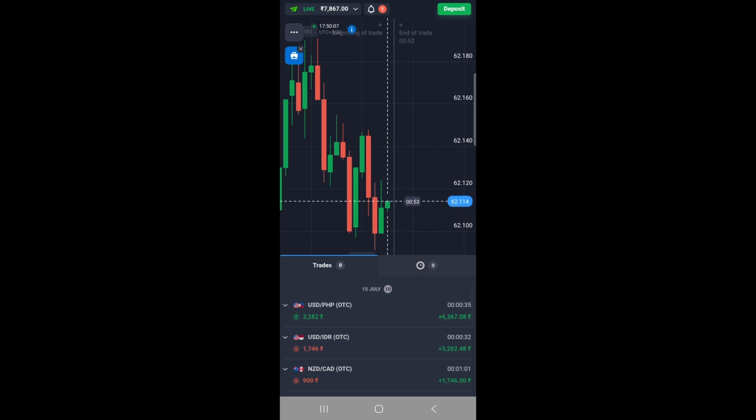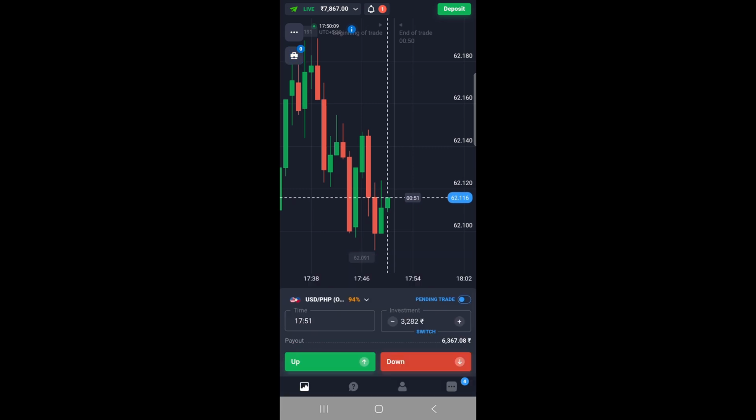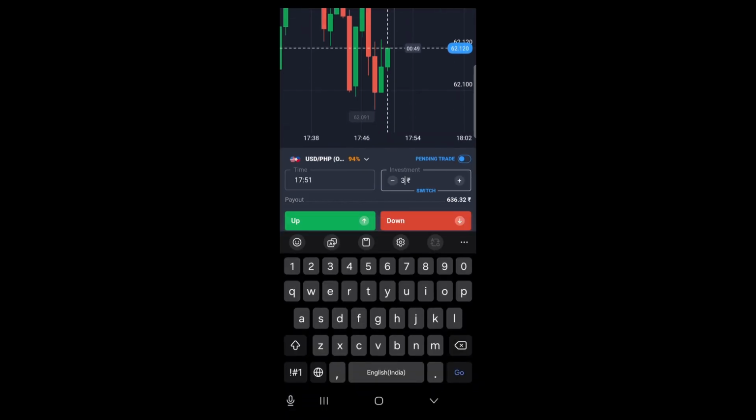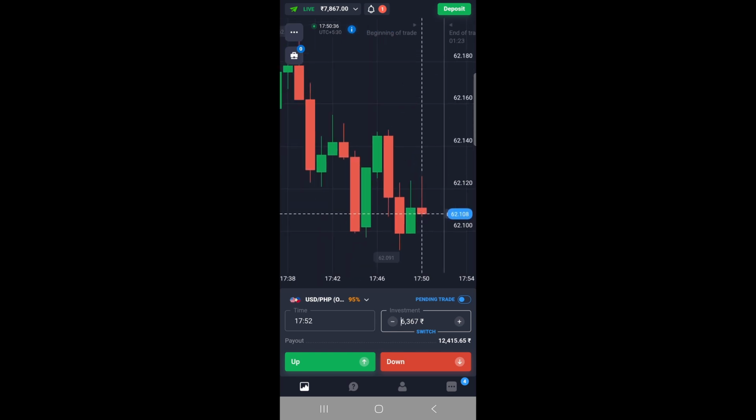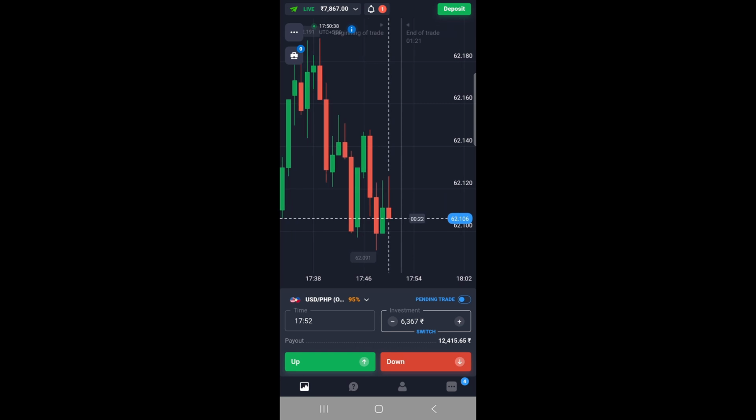So now we will do fourth step compounding, and it will be our last trade. Let me analyze. I will change the currency pair if I do not get any opportunity or movement.